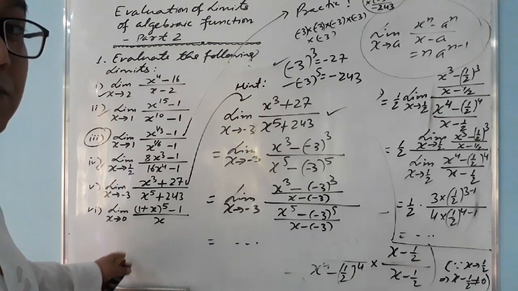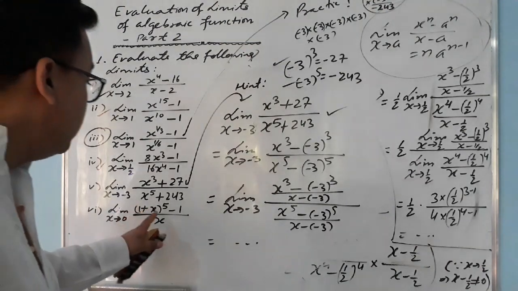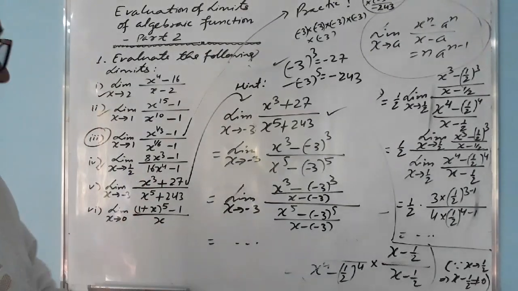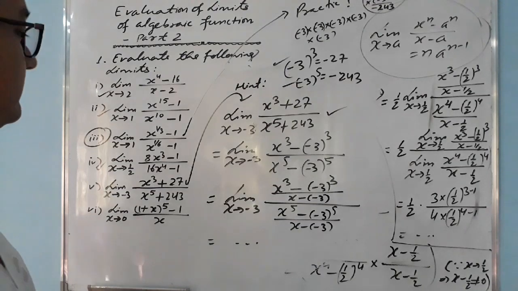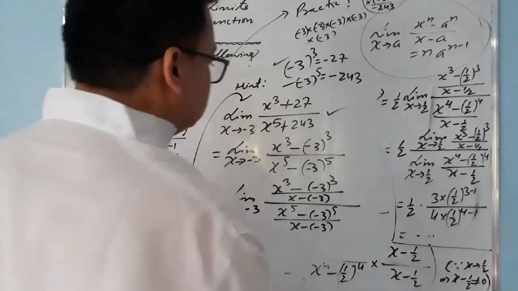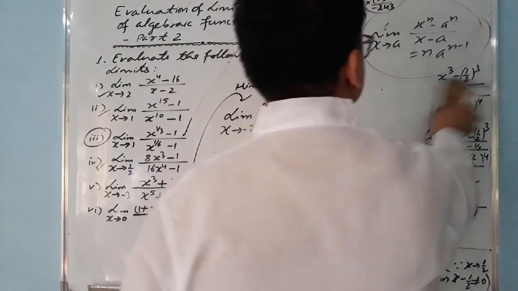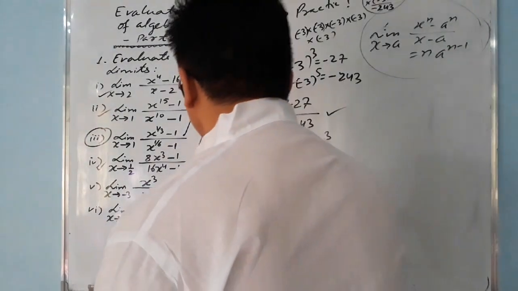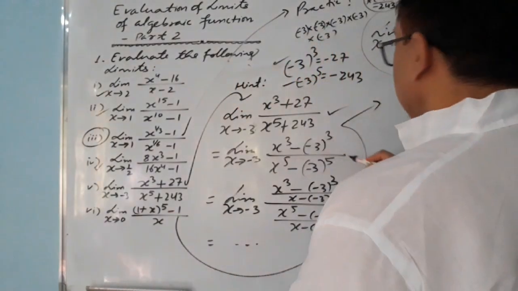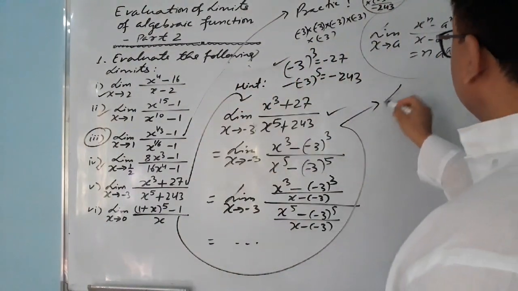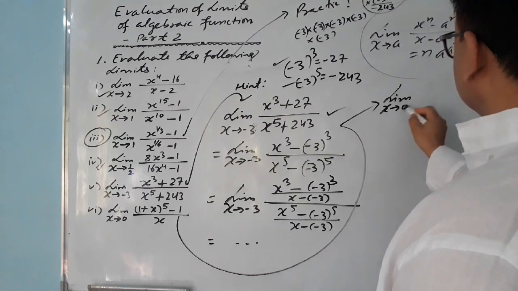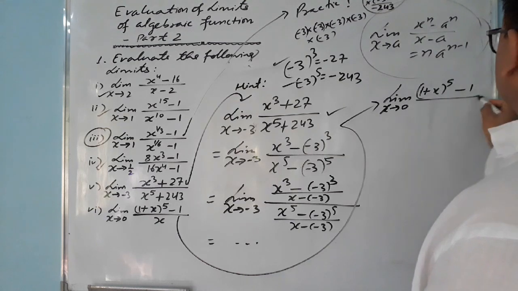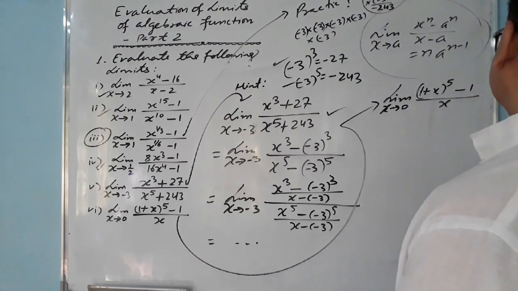Clear? Now the 6th question. This is also a little bit different type. Till now we got x, but here inside the bracket we have 1 plus x, two terms. So let's see how to do it in a simple way: the limit as x tends to 0 of ((1 + x)^5 − 1)/x.